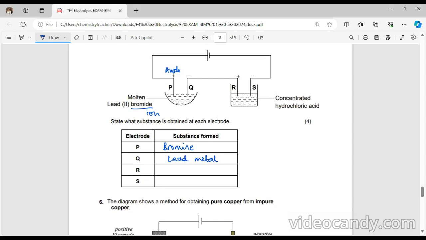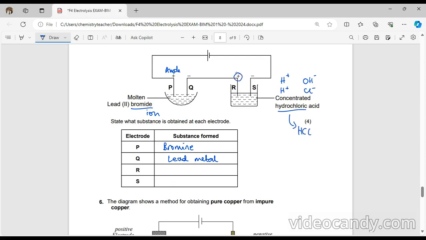And then R and S, we've got concentrated hydrochloric acid, so it's an acid as a solution, so we're going to get hydrogen and hydroxide ions. And then from the hydrochloric bit, we're going to get more hydrogen ions and chloride ions. You remember hydrochloric acid is HCl.